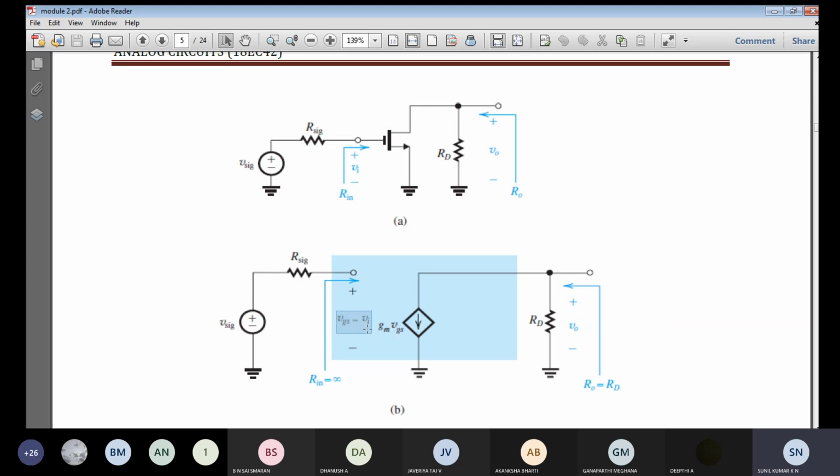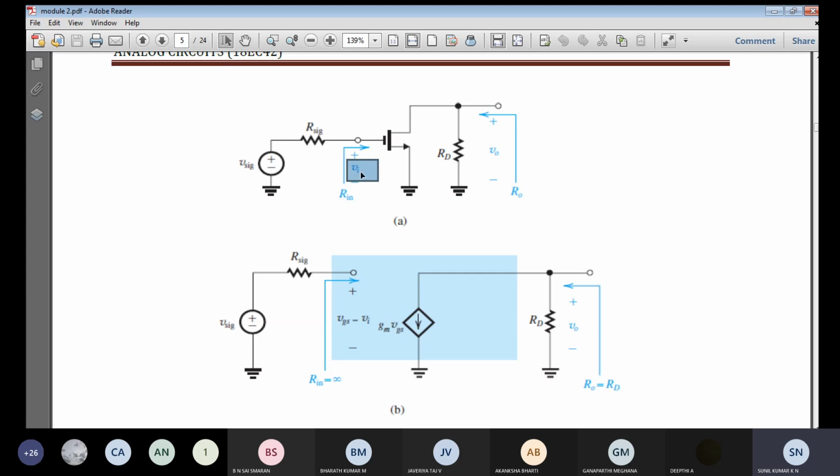So here we are going to get Vgs, and Vgs will be equal to Vi. Why? Because the input resistance is infinite, so whatever signal voltage you apply, effectively all the voltage appears across Vi without any loss.